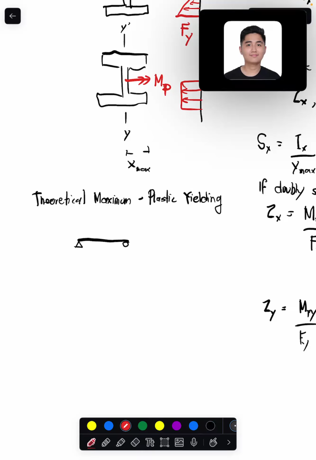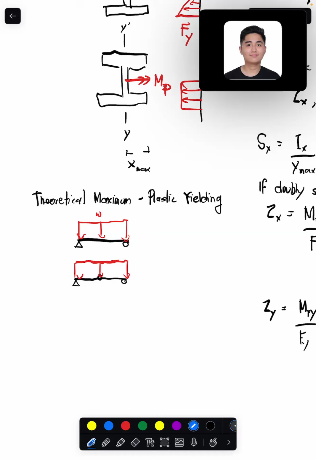So for example, you have a uniformly distributed load right here, which will cause yielding, plastic yielding. Once it reaches that plastic yielding, a hinge will form here. And when a hinge forms there, this beam becomes unstable, because it's allowed to move along this axis.